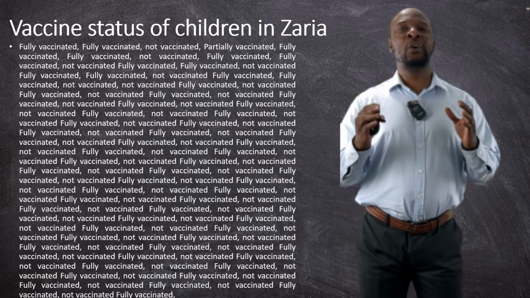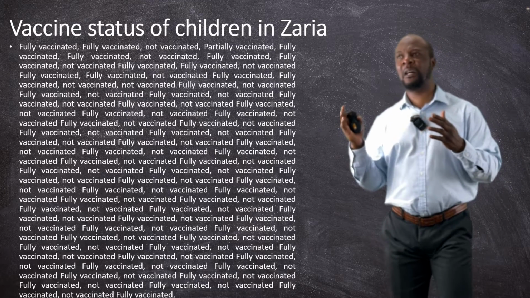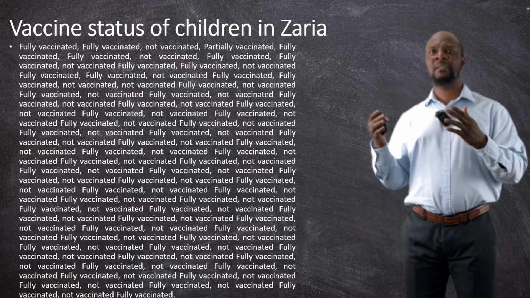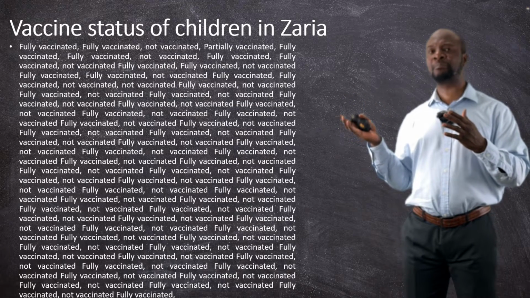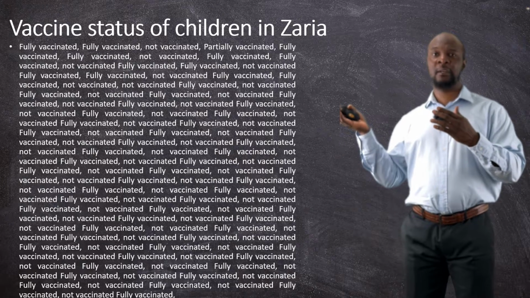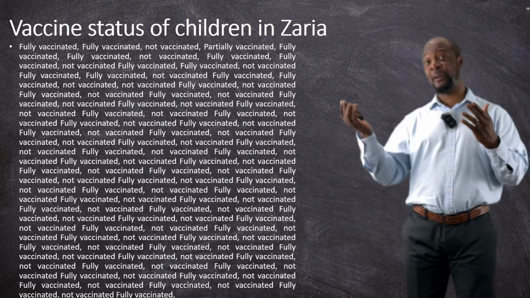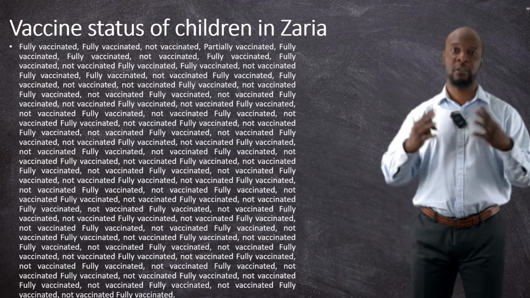And what you can see on the screen here is just data points of the vaccine status of children that we were able to find in the clinic, because it was a clinic-based study, for example.